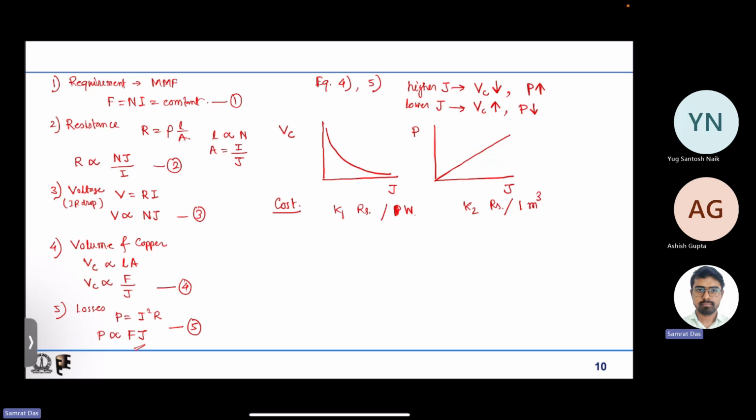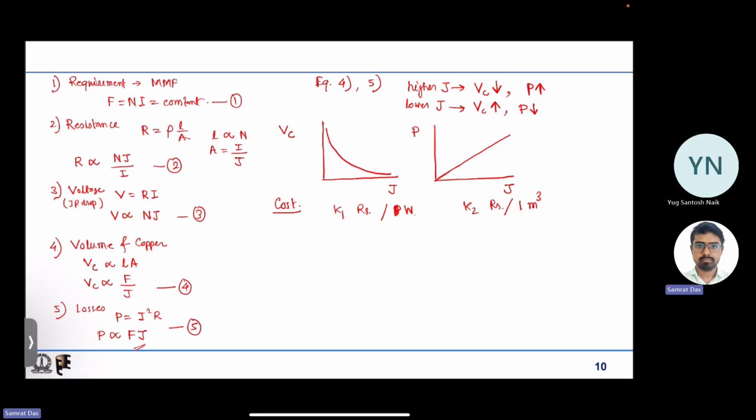These are the rupee numbers corresponding to the power loss and the volume. So if I try to write the cost function C, let P be the power loss that is happening, and we require VC, the volume of copper, then the cost in rupees will be K1 into P plus K2 into VC.